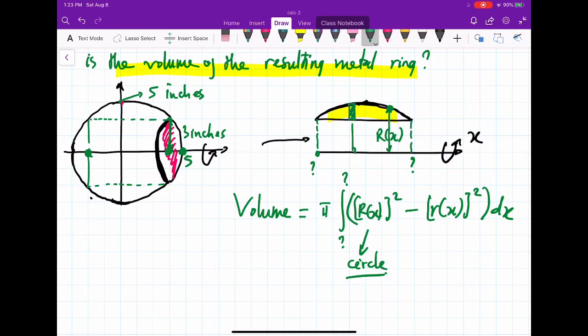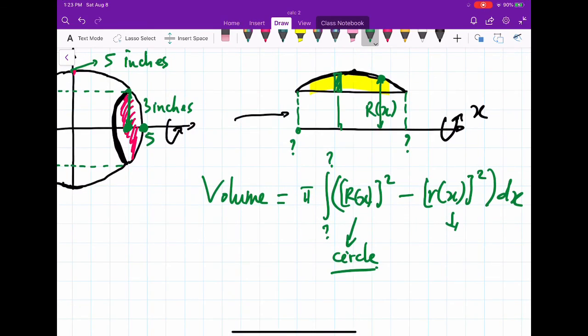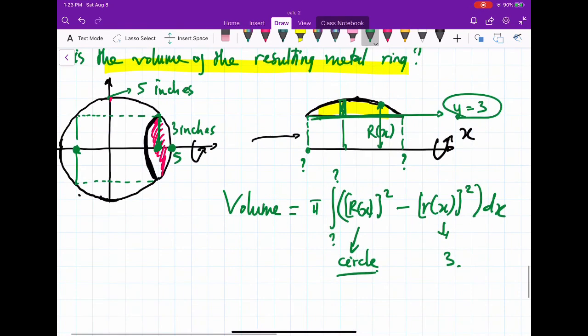And the smaller one is 3, because in here this straight line is nothing but y equal to 3. So I have 3 in here. Now our job is to find capital R of x, and then to find the integration limits in here.